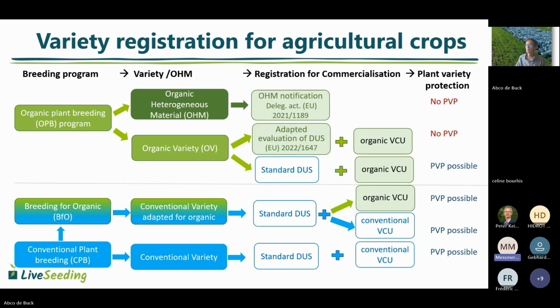The latest paper has clarified that this is not a problem, but it needs to be indicated quite early in the process if you want to have the adjusted DUS. Also, in the present text, Article 57, it's written that as a breeder you may ask for the adjusted DUS, but you could also say I want to have the normal DUS, and then it goes to the normal procedure.